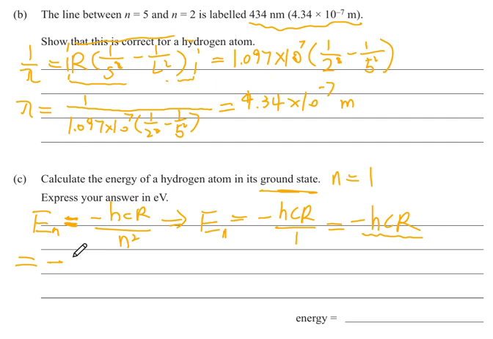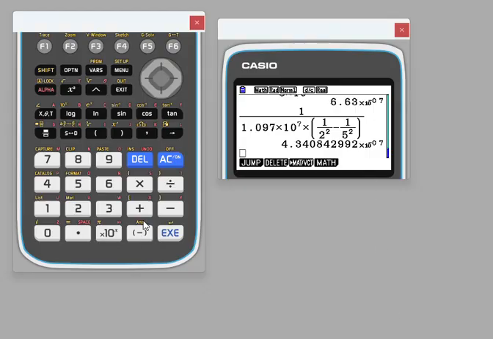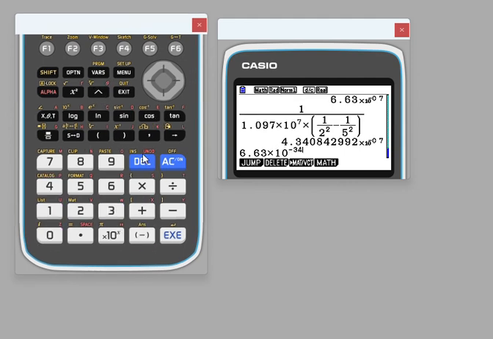Negative h is Planck's constant, 6.63 times 10 to the power of negative 34, times c, the speed of light, 3 times 10 to the power of 8, times R, Rydberg's constant, 1.097 times 10 to the power of 7.